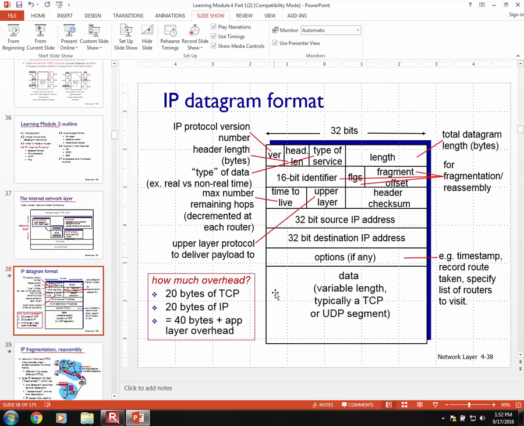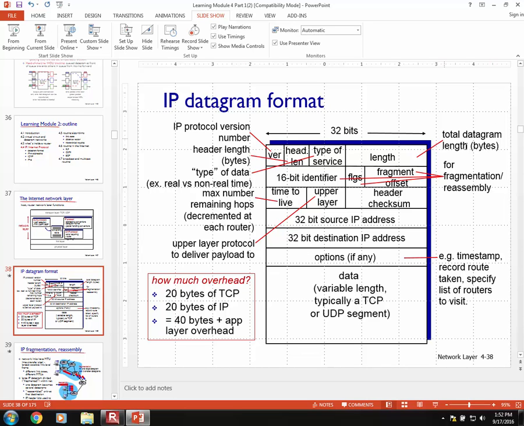So let's take a look at what's inside an IP datagram. We start off with the version number, which is either IPv4 or v6. We have a header length in bytes. We have a type of service, which is basically the type of data, either real time versus non-real time.